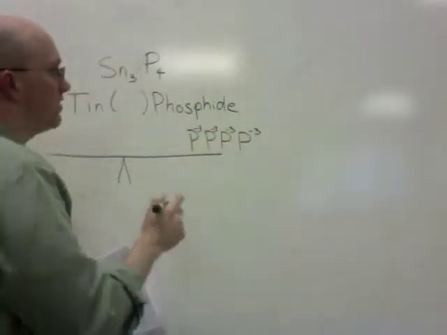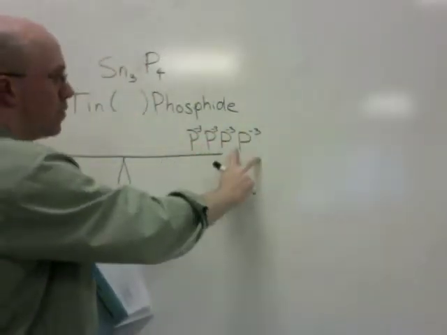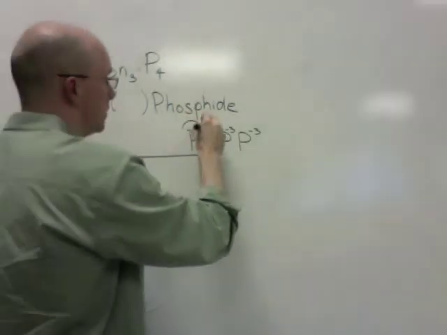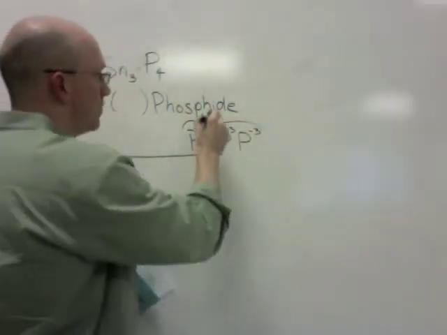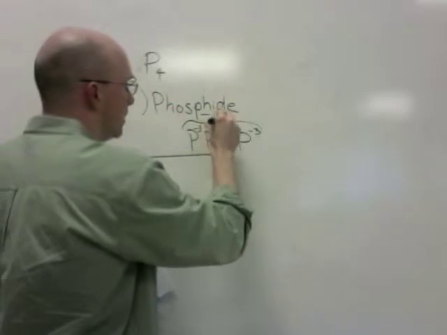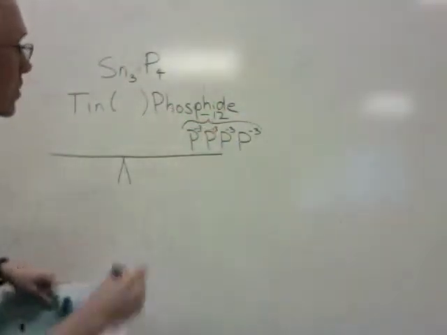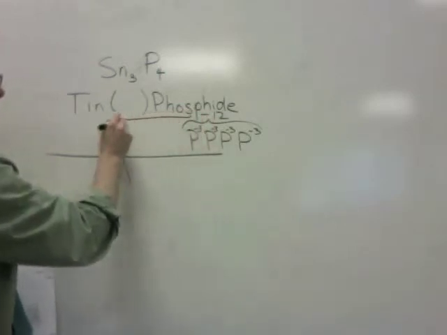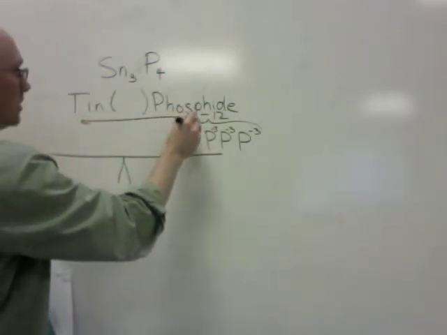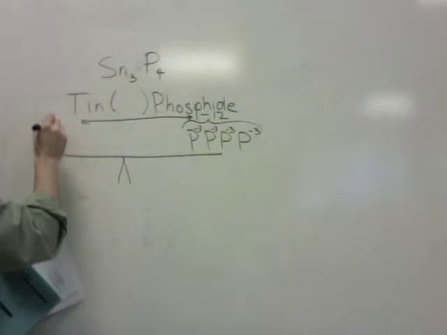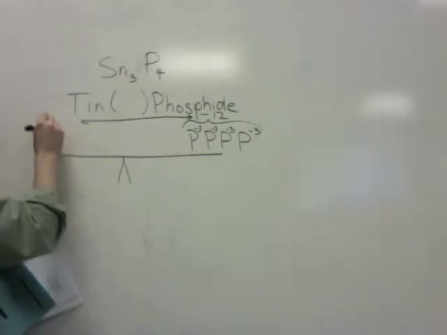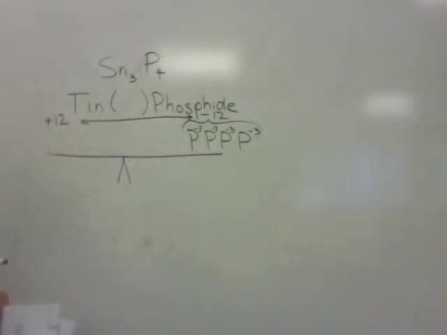So if you have a total of 4 -3s, that means you've got a total of -12 total minus charge. So if it's got a total of 12 minus charge, it's got to have +12 in order to balance that out.